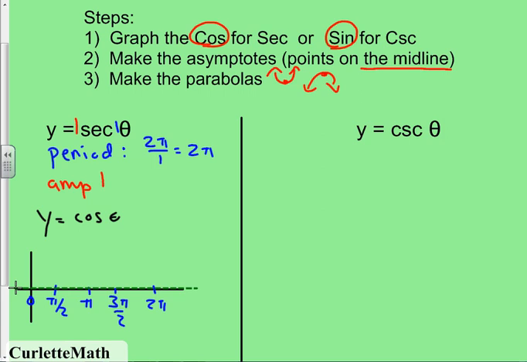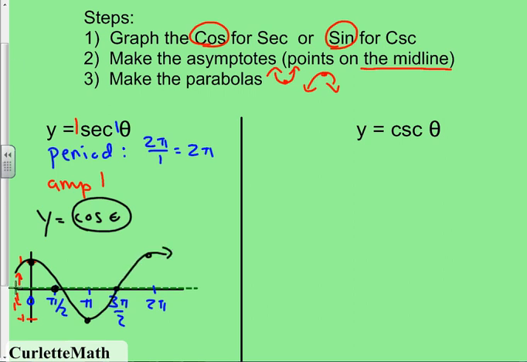I have an amplitude of 1, so that means I go up 1 and down 1 from that midline. Now I need to graph the cosine function. Cosine starts at the top amplitude, midline, bottom amplitude, midline, top amplitude, and now I connect my points and make my waves.